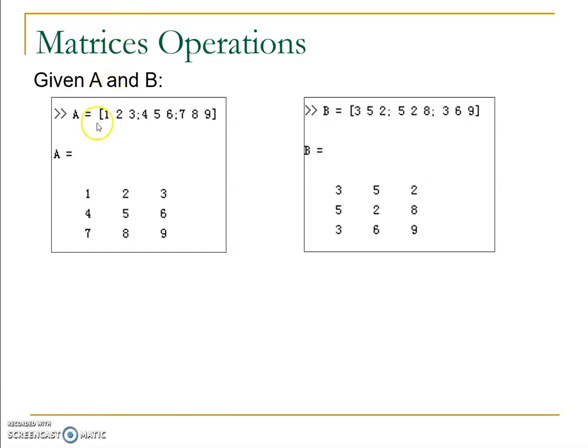A is defined as 1, 2, 3, semicolon, 4, 5, 6, semicolon, 7, 8 and 9, which will be represented as a 3 by 3 matrix. If you make an error while giving the notation of a matrix, if you forget one number, MATLAB will definitely give you an error. So here we have the complete matrix A, and this as B.